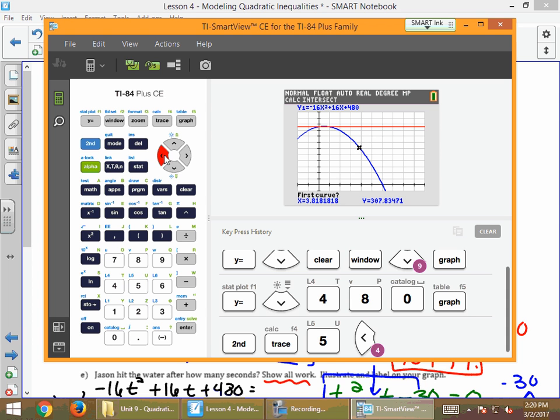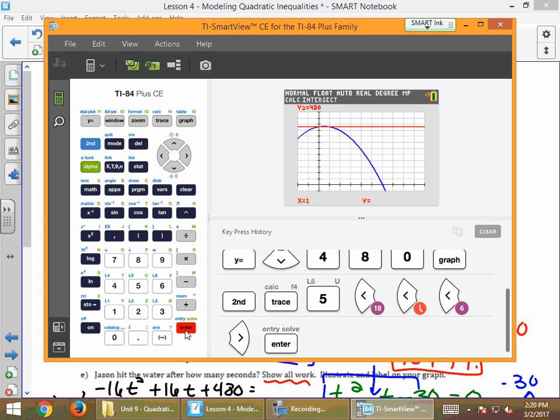You arrow to where it looks like those two lines are intersecting, and then you hit enter 3 times.